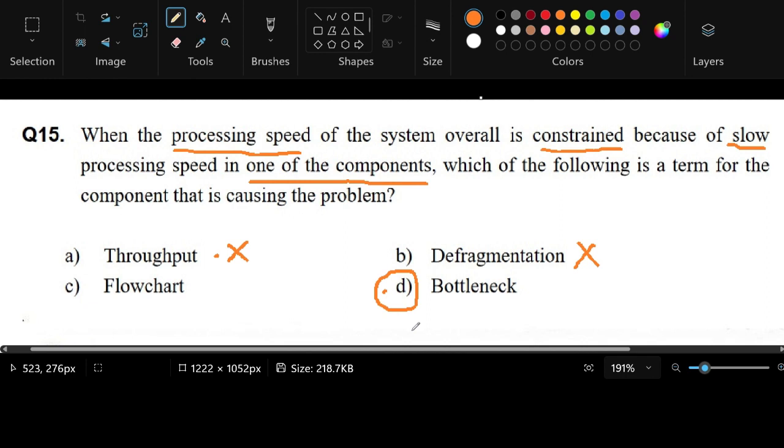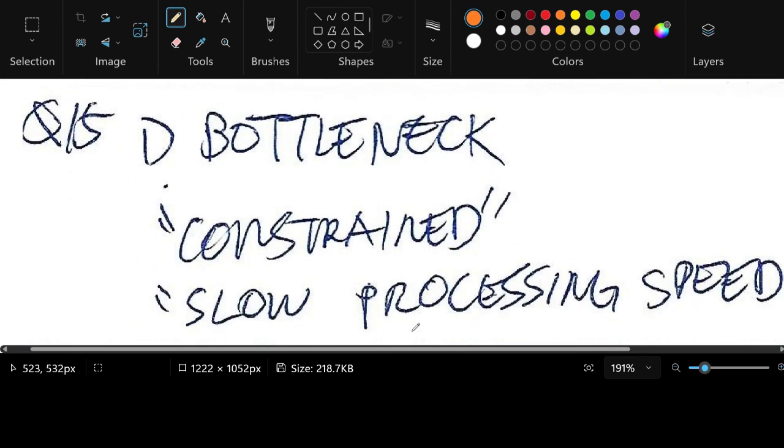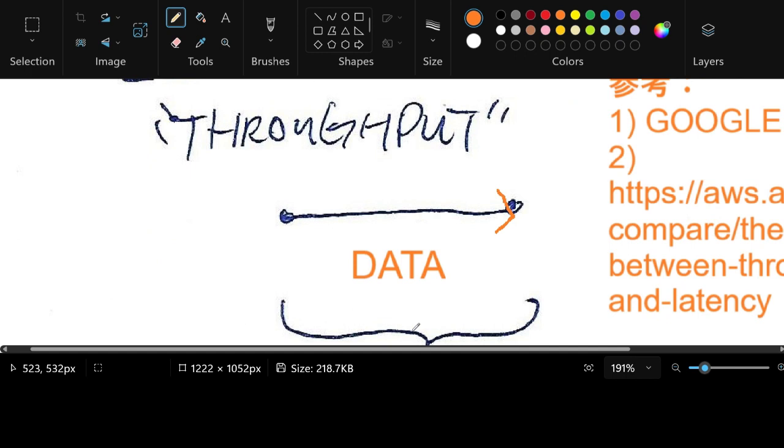And just like what I was saying a while ago, if we look at my notes, we have keywords like constrained, slow processing speed, and also the part here about throughput and the data passing through point A to point B, for example. And let me just zoom out.